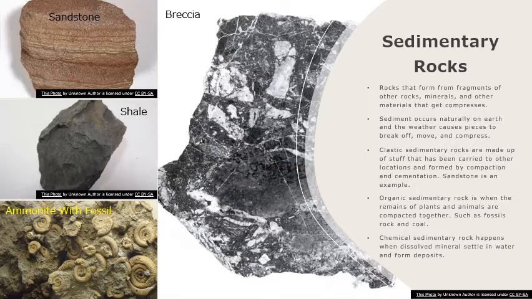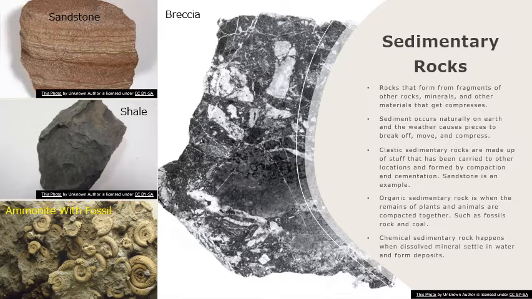Now, clastic sedimentary rocks are made up of stuff that has been carried to other locations and formed by compaction and cementation. Sandstone that we see up here in the corner is an example of that. So basically, sedimentary rocks is a bunch of different rocks that have just been compressed together.